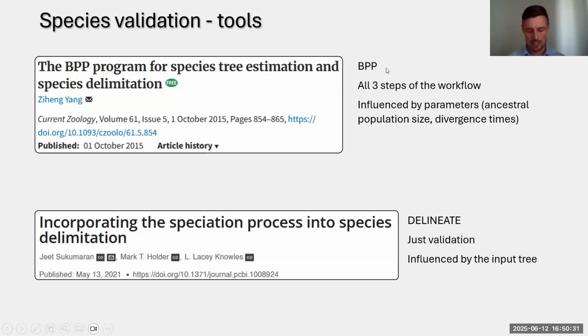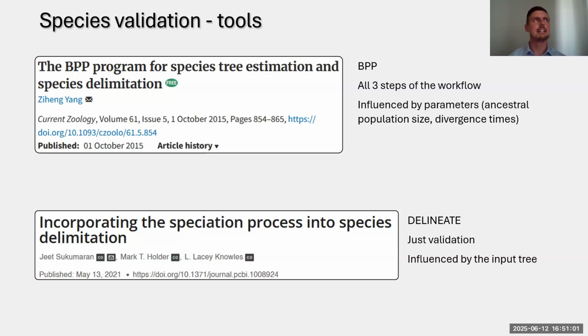It's a really widely used and interesting tool which can actually combine all three steps of the workflow, or you can use just some of the steps: just the validation, just the species tree estimation, or just the delimitation.